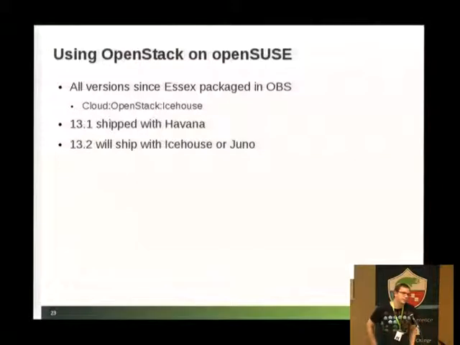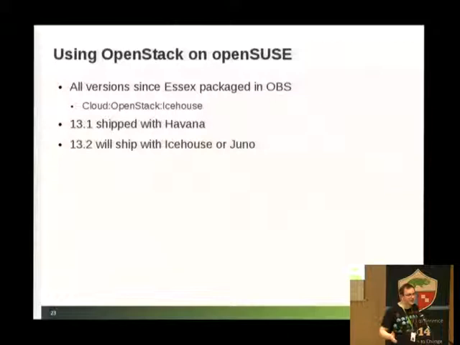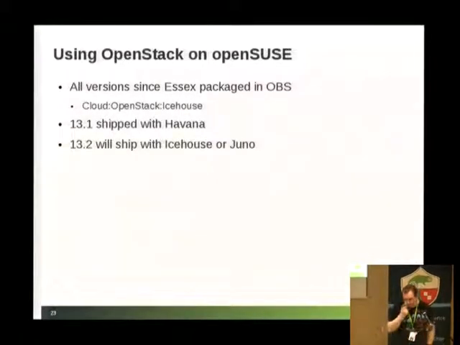In short, we ship OpenStack as part of openSUSE. We have, in 13.1, a version of OpenStack. For the next version of openSUSE, we will have either Icehouse, which went out 2 weeks ago, or Juno, the next version. We will discuss that, because Juno is due in October, so for November it's a bit short.